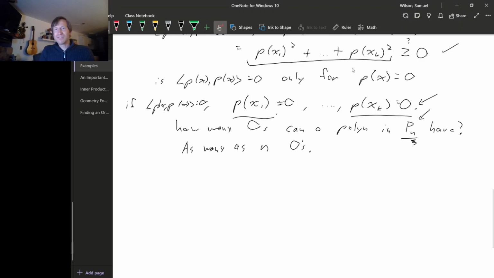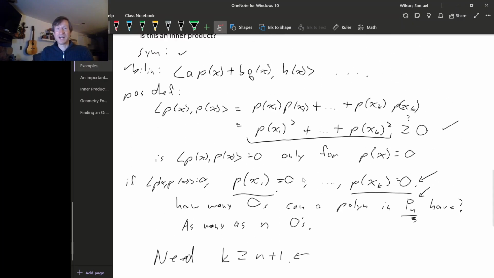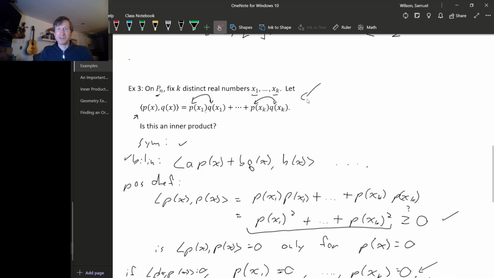So for this whole thing to still be positive definite, we need k to be at least n plus 1. Right? Just n isn't good enough because it's possible for an n-degree polynomial to have n roots and still be a non-zero polynomial. So we need n plus 1 x values in our list way up here to begin with.